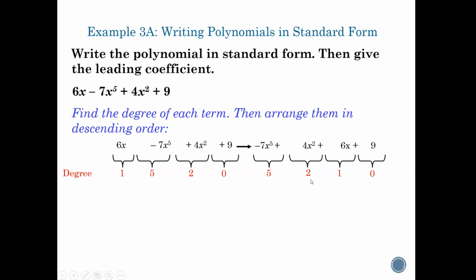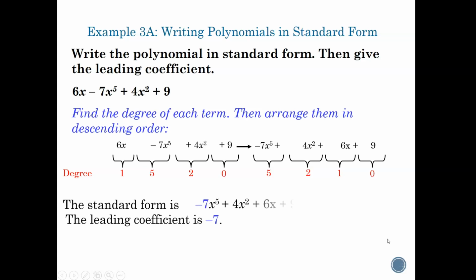After they're in order from greatest to least, this is called standard form. And then again, the leading coefficient is the number on that first term in standard form. So in this case, the leading coefficient is -7.